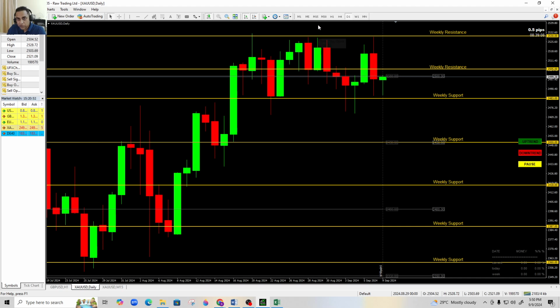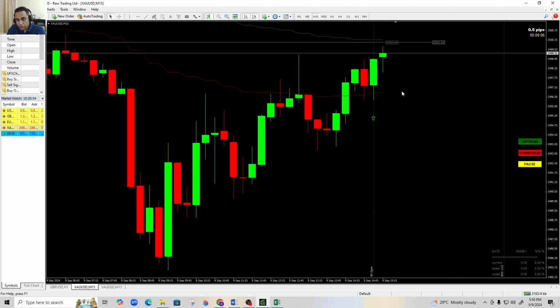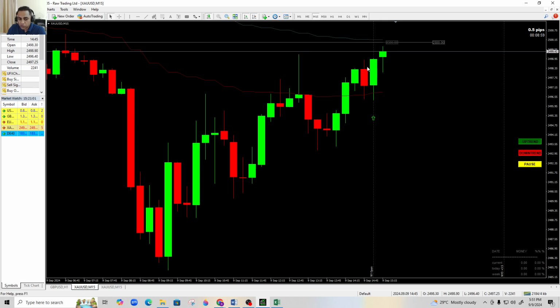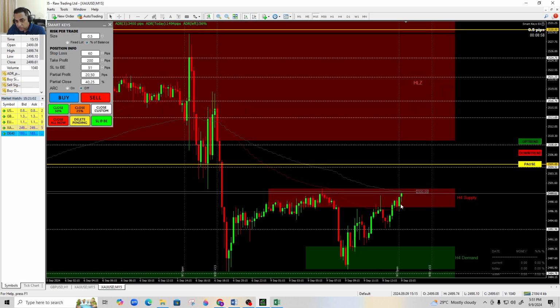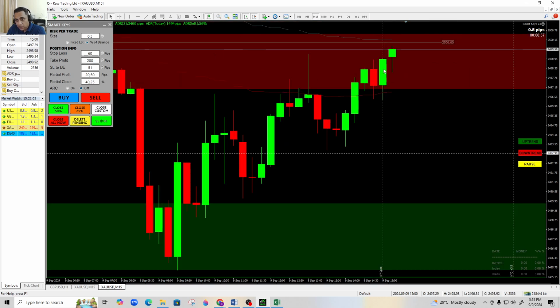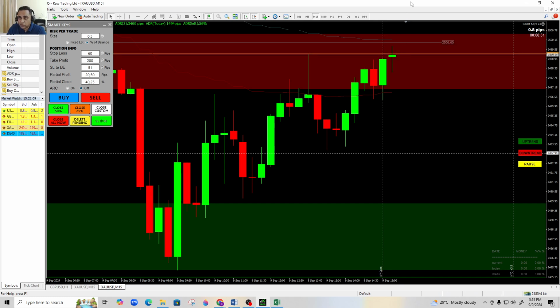On this chart here. Now, if you go to M15 time frame, you'll see a buy signal here. That doesn't mean I would take this. I would never take this. Why? Because that buy signal is right inside the supply zone. Now, price could break it, and we could get a trade here.